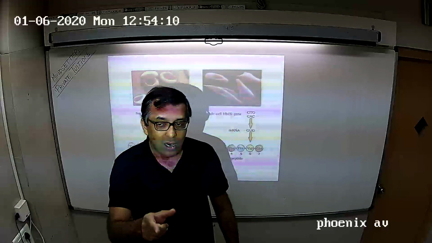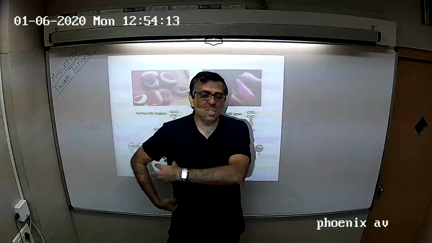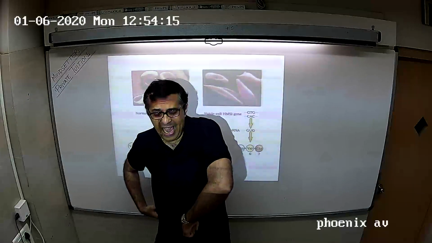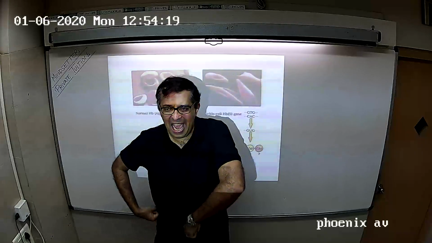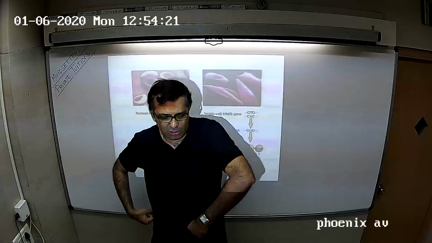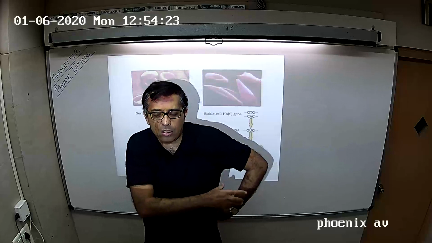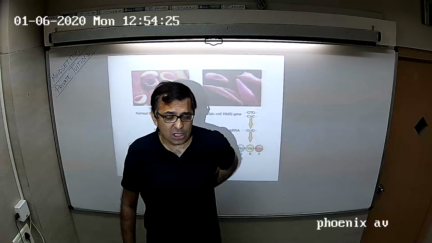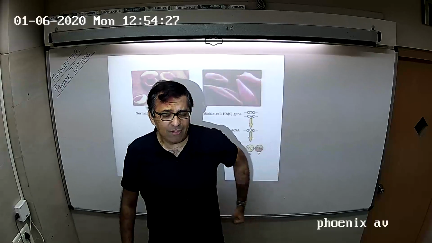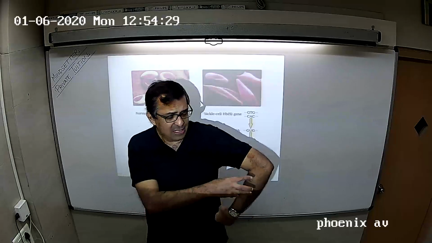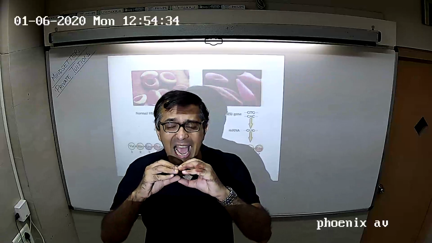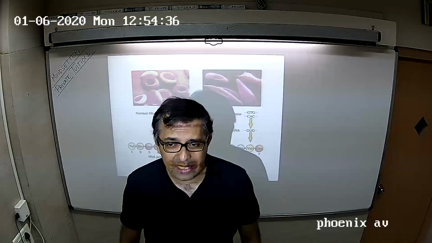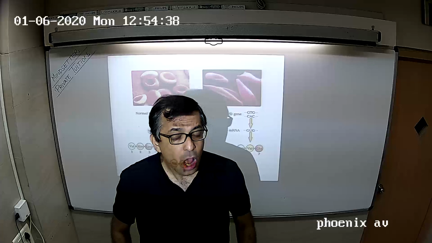So if you remember, A alpha binds with one oxygen, B alpha binds, A beta binds with one oxygen, A alpha one oxygen, A beta one oxygen, B alpha one oxygen, B beta one oxygen. Now if the beta chains have undergone a mutation, it means they cannot bind with oxygen, and the oxygen carrying capacity of the RBC becomes less.